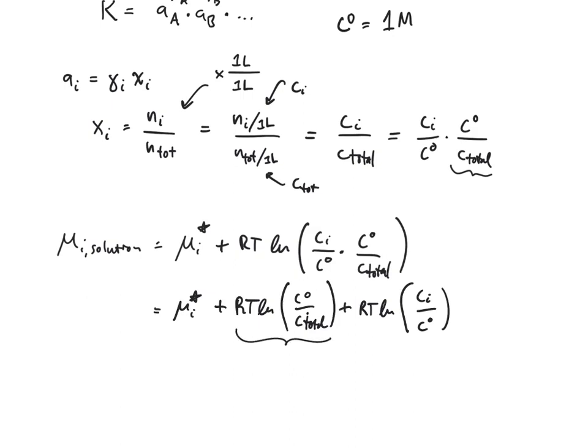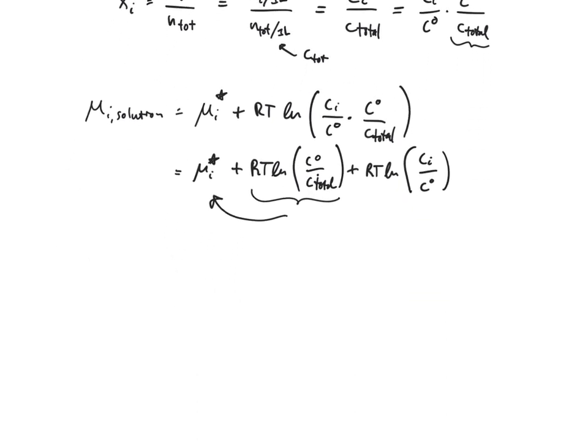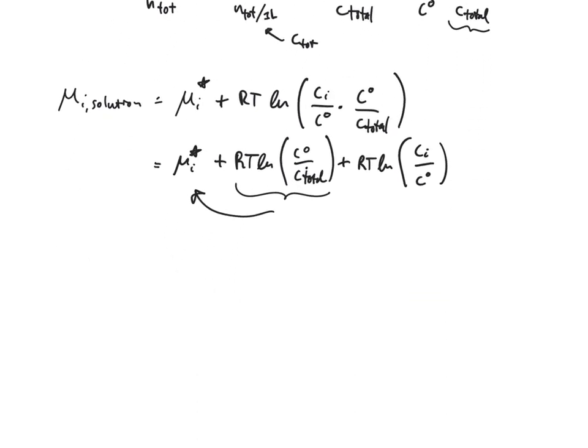And this whole term right here can just be lumped in with that chemical potential right there. And so I get a new chemical potential that I'm just going to label with a C right there to indicate that it's not the same as that chemical potential up there, but now we're going to have an RT log Ci over C naught.